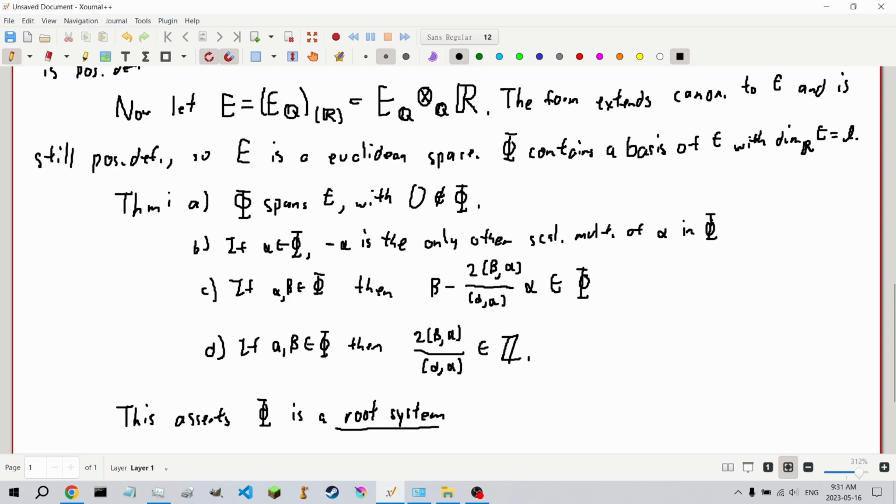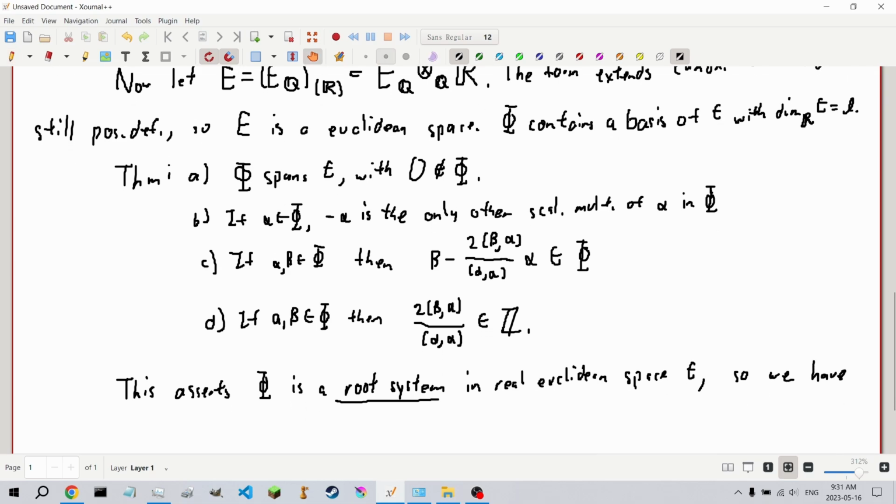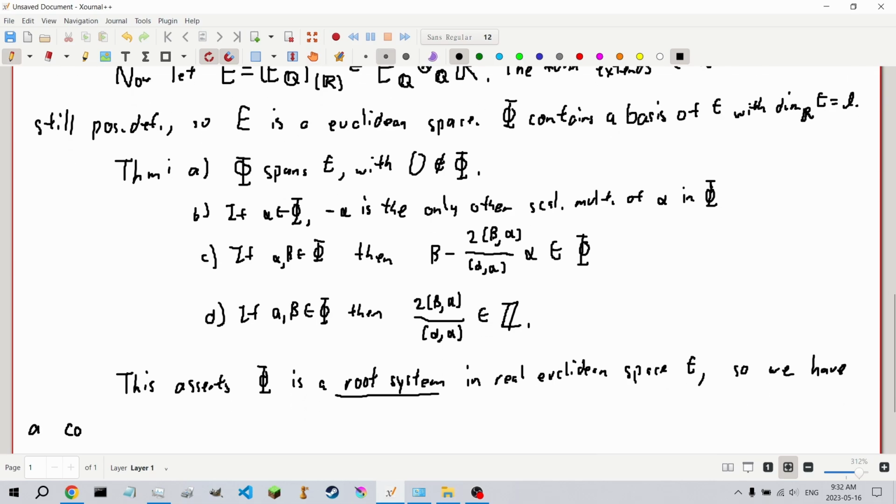We're going to get to it, in the real Euclidean space E. So we have a correspondence from L and H to our root system and its Euclidean space.